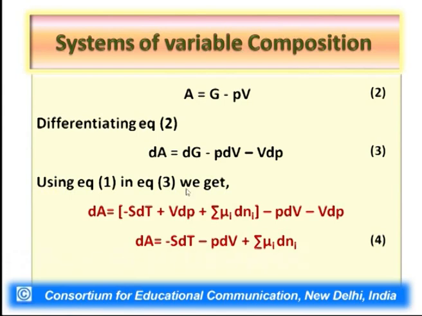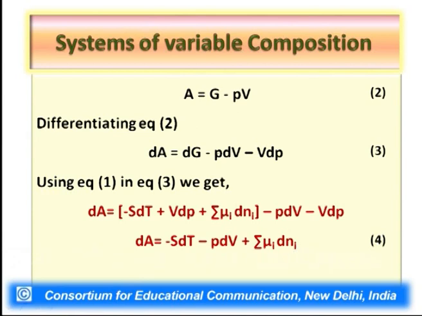In both these equations which we have derived, the two fundamental equations in terms of dG and dA, the summation terms mu i dNi are extra, when we compare such equations to single component or constant composition systems.